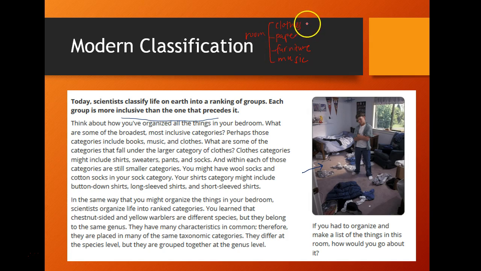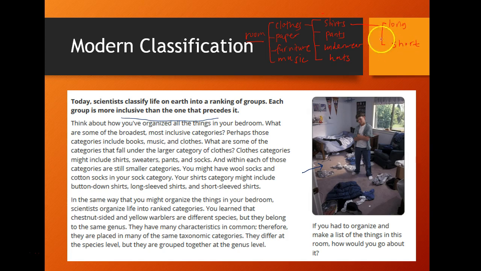And we can break these down even more. What types of clothes can we find in our room? We can find things like shirts, pants, underwear, hats, etc. And then with the shirts, we could break that down even more, into long sleeve and short sleeve.